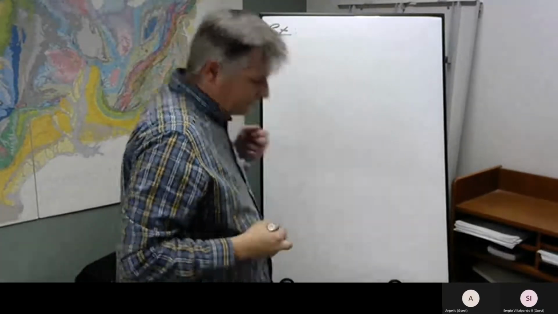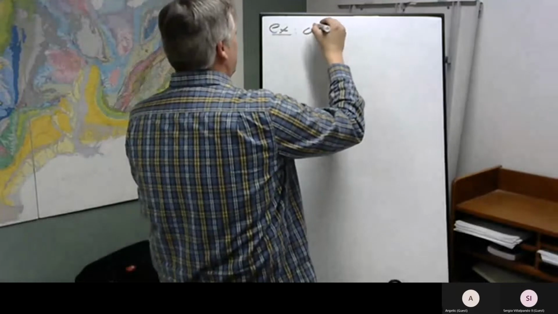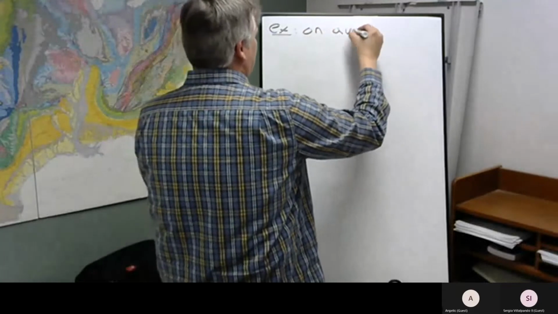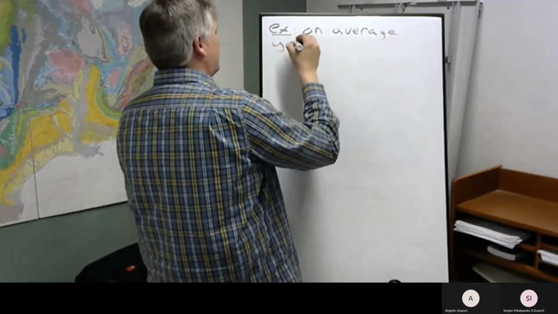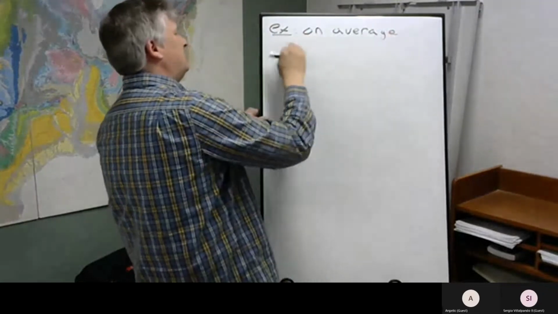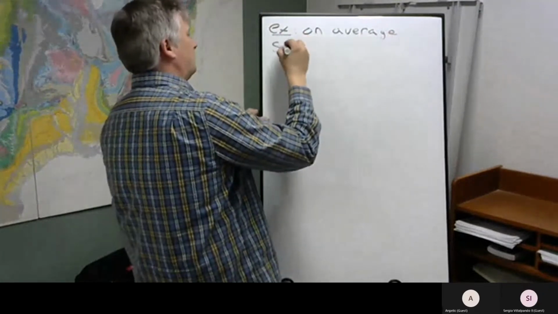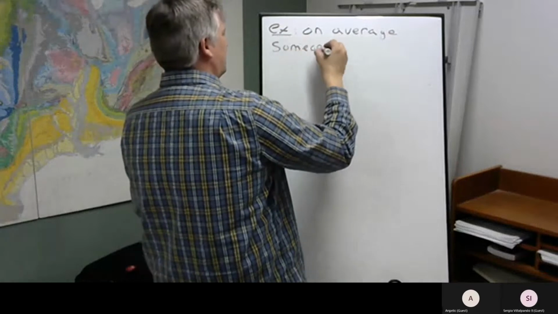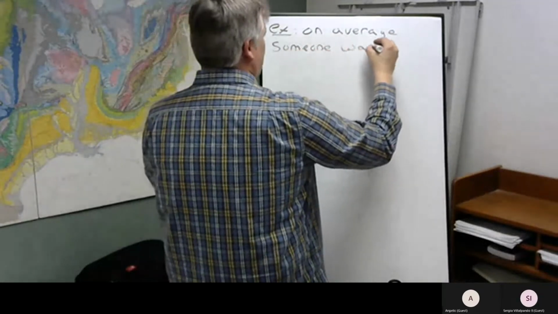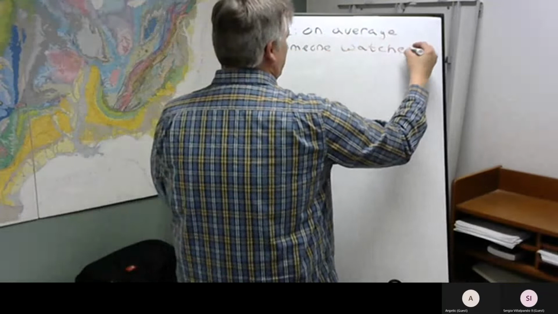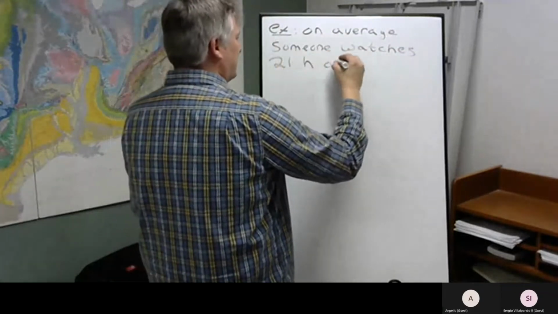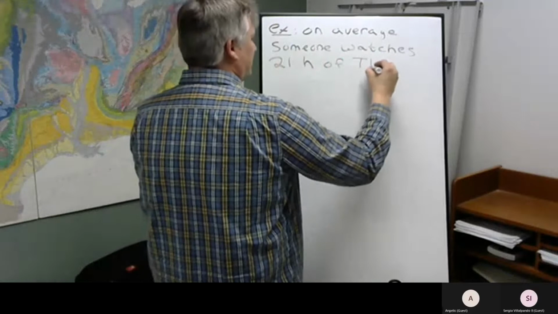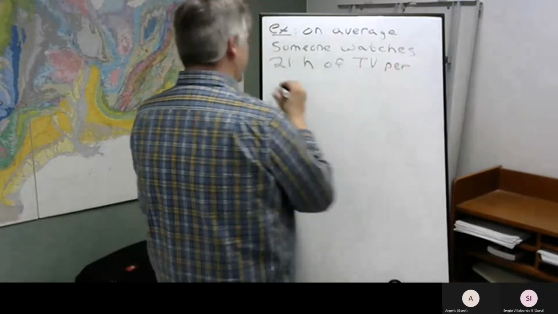So let's say on average, let's see. Say on average, someone watches 21 hours of TV per week.